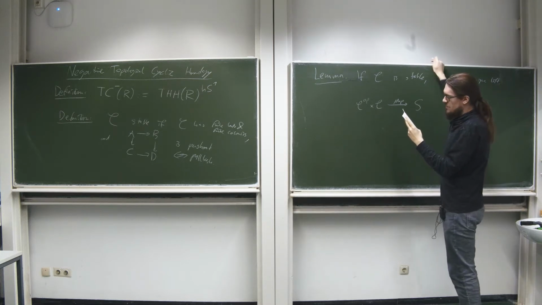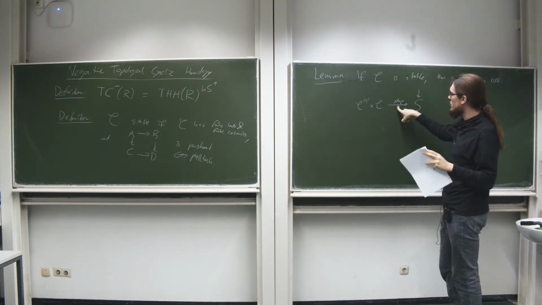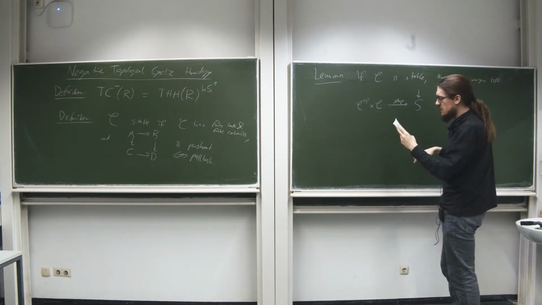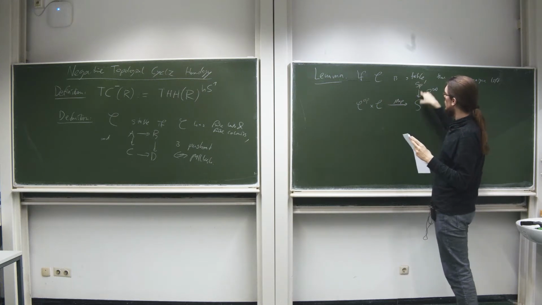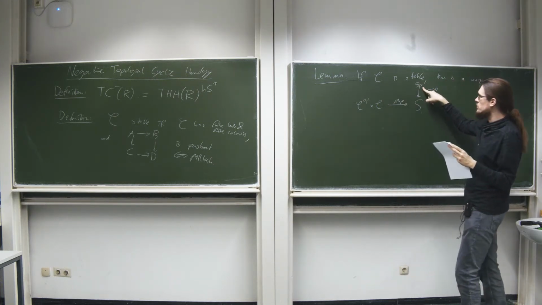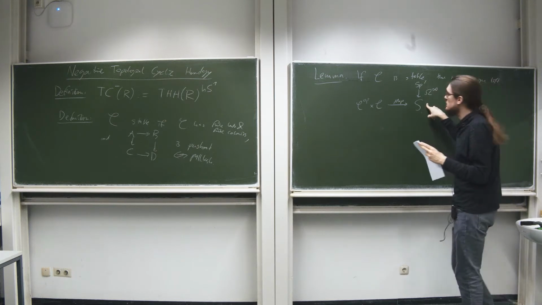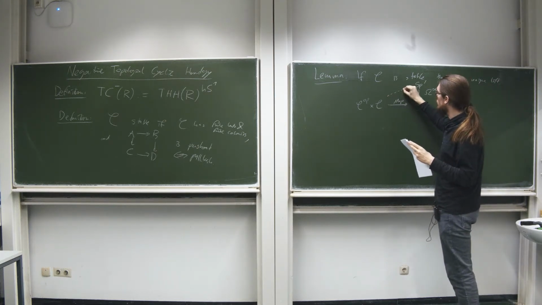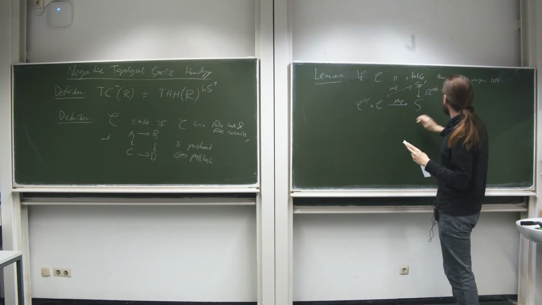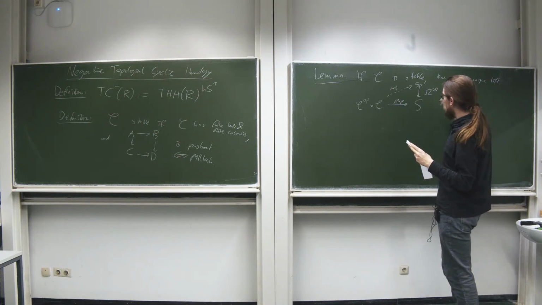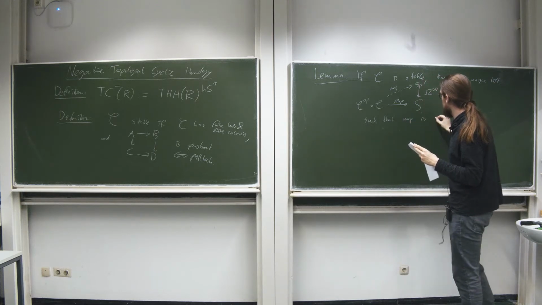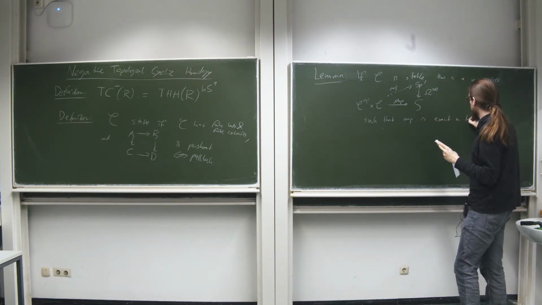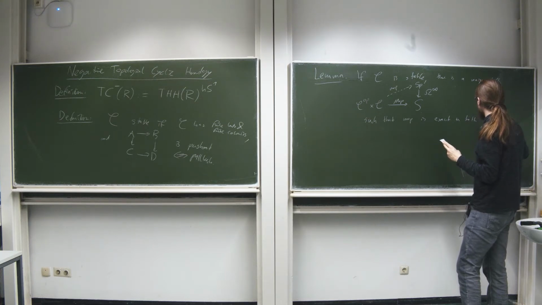From map, the mapping space functor from C op cross C to spaces, along the sort of forgetful or loops infinity functor from spectra to spaces. So this lift is denoted map. And when I say unique here, I have to impose a condition, which is that map is exact in both arguments.